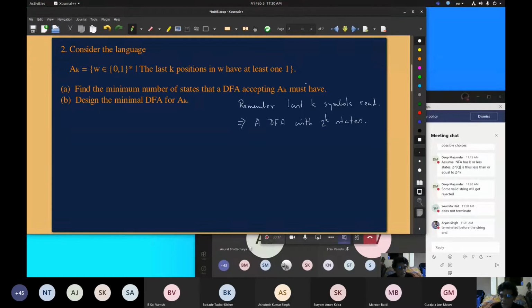So can I manage with fewer states? In other words, this is the precise question: find the minimum number of states that a DFA requires in order to accept A_k.